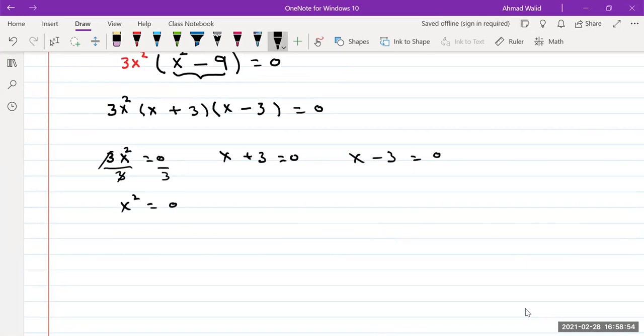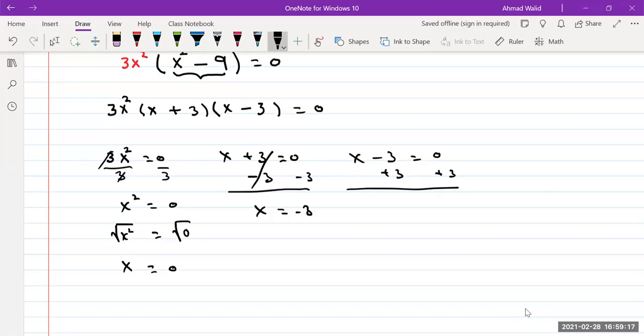Take the square root from both sides. Square root of x squared equals square root of 0 plus minus, but it doesn't matter because it's 0. Then x equals 0. Here, subtract 3 from both sides. X equals negative 3. Here, add 3 to both sides. X is equal 3.